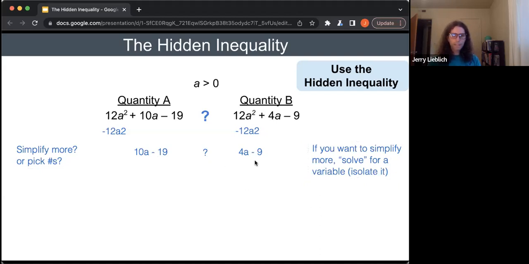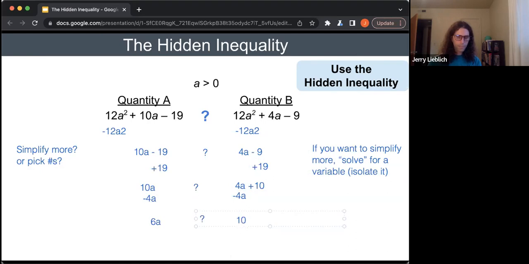I'm going to add 19 to both sides. So now I've got 10a versus 4a plus 10. I could pick numbers here, or I could keep going. I'm going to keep going. So I'm going to subtract 4a and get 6a versus 10.